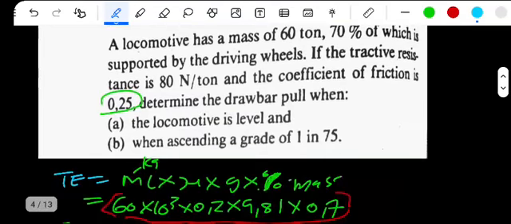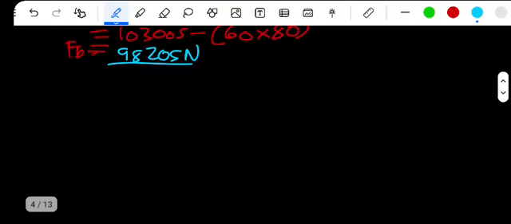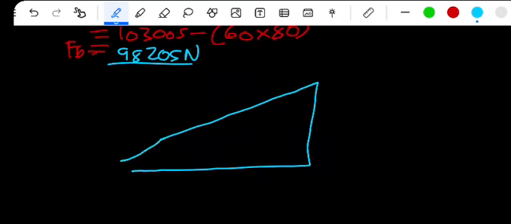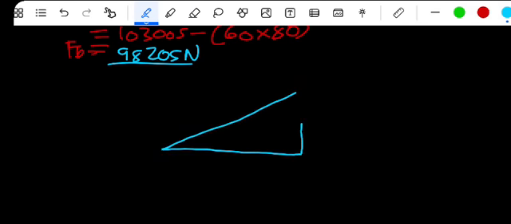Then when accelerating on the grade, they wanted to say a gradient of 1 in 75, this is a slope. Oh my god, my drawing there is so ugly. But anyways, you know the gradient is 1 to 75.